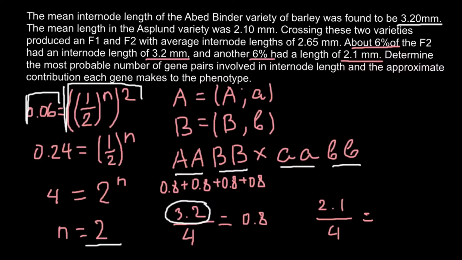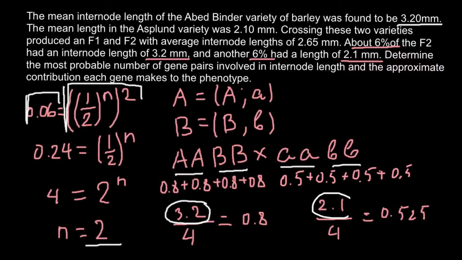And as you see, each recessive allele would contribute 0.525. So let me use a rounded number, that is 0.5.